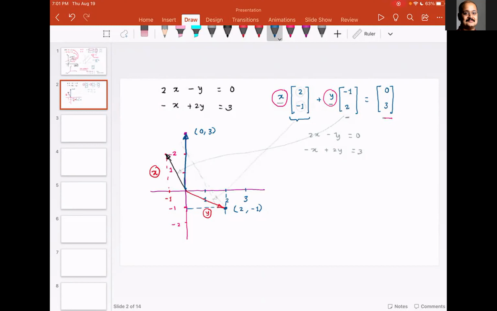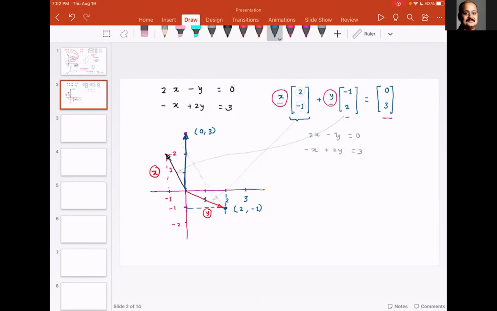If you were to try using some sort of geometry software, you can actually shrink and expand. The only condition is this. What I want you to do is shrink or expand this vector.